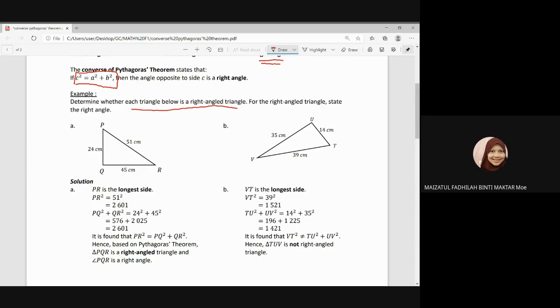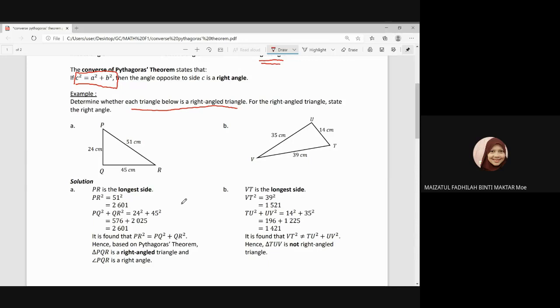But the question might state, alright, determine whether each triangle below is a right angle triangle, where QP is the hypotenuse. If that is already given to you, fine. If not, you just see which one is the longest side, which means that one is your hypotenuse.